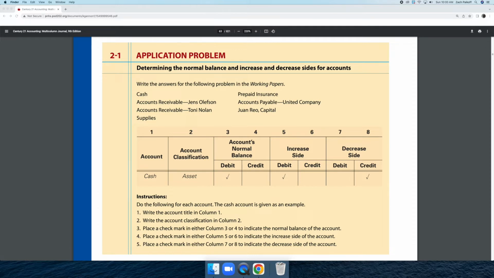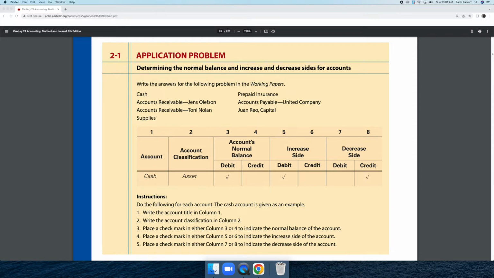Additionally, the instructions are also asking us to do the following for each account. The cash account is given as an example. Number 1, write the account title in column 1. Number 2, write the account classification in column 2. Number 3, place a check mark in either column 3 or column 4 to indicate the normal balance of the account.